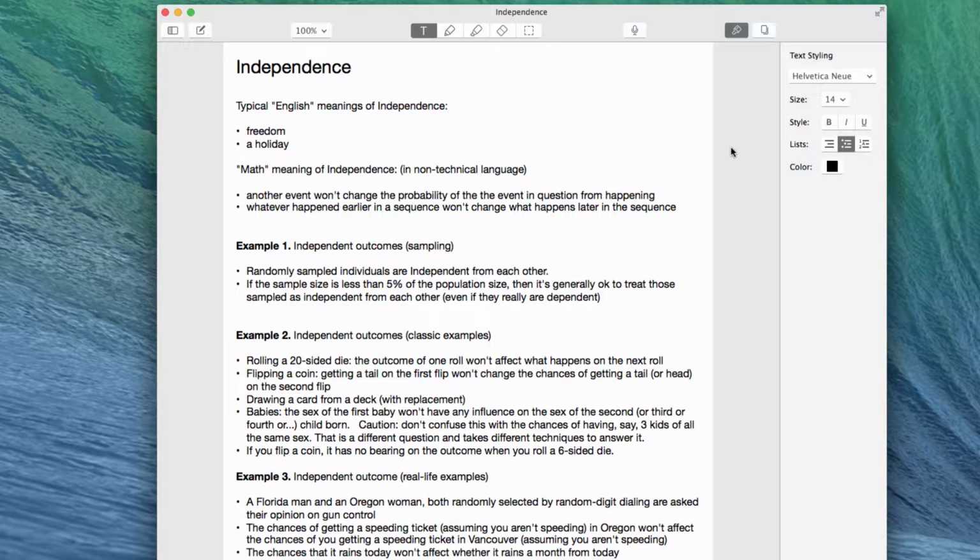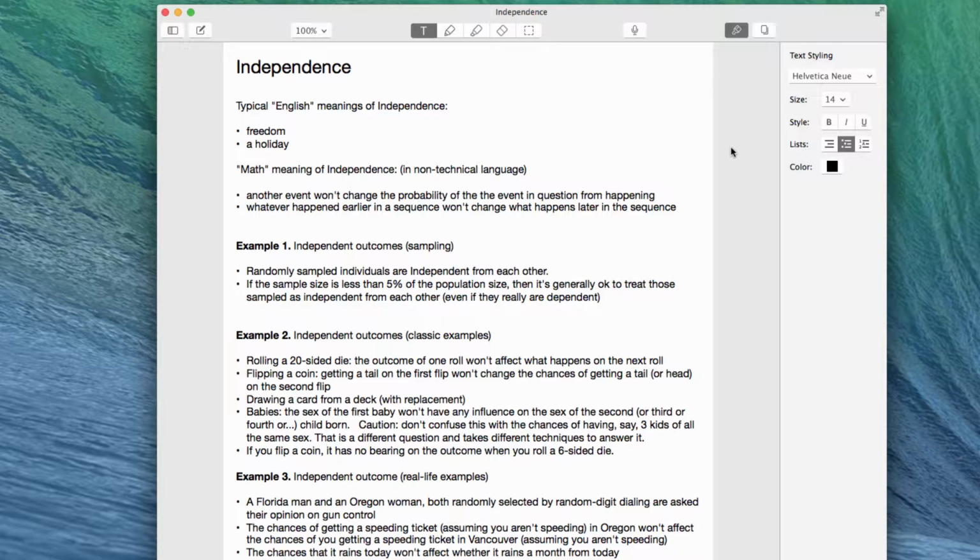Another way to look at this is that some textbooks say that if your sample size is less than 5% of your population size, then generally it's okay to treat those sampled as independent from one another, even if they really are dependent. The idea is that if your population is really large, there are so many options in the population that they're not going to affect each outcome as you sample them.